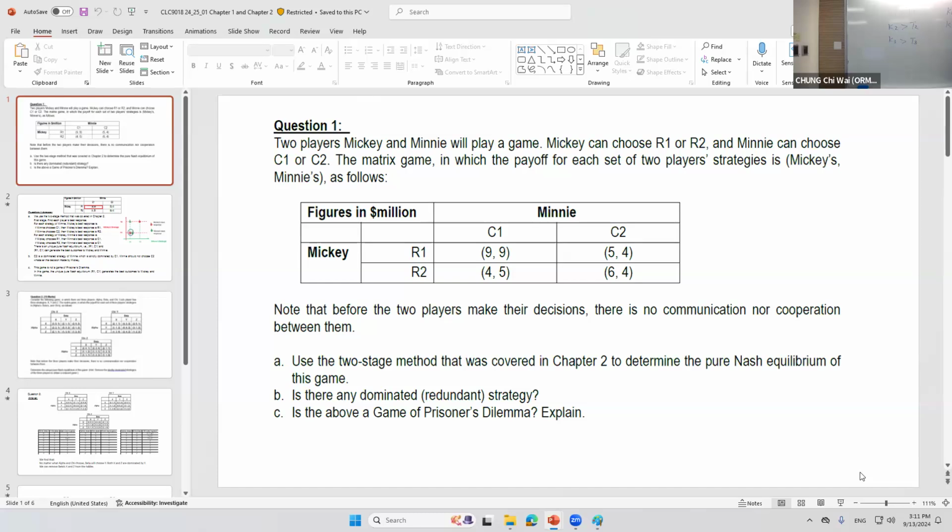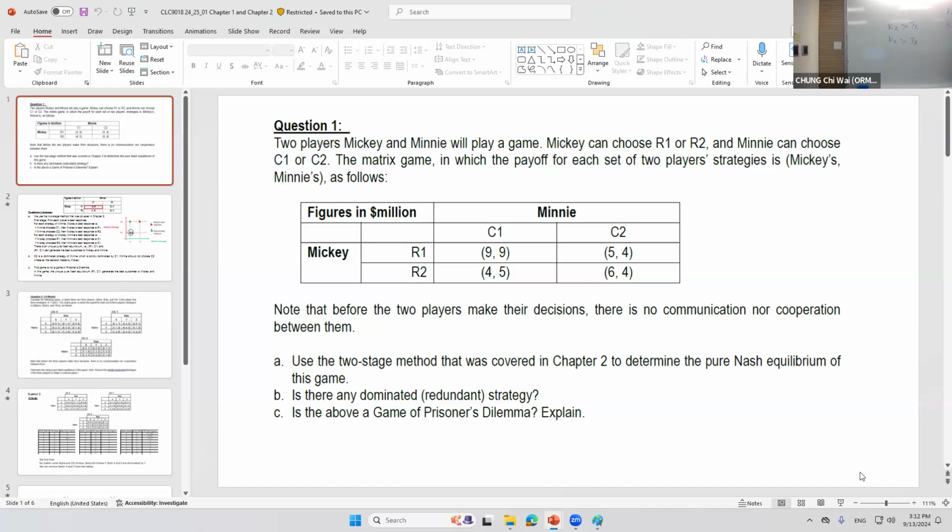If Mickey chooses R1 and Minnie chooses C1, then both players obtain 9 million points. If Mickey chooses R1 and Minnie chooses C2, then Mickey gets 5 million points and Minnie gets 4 million points.